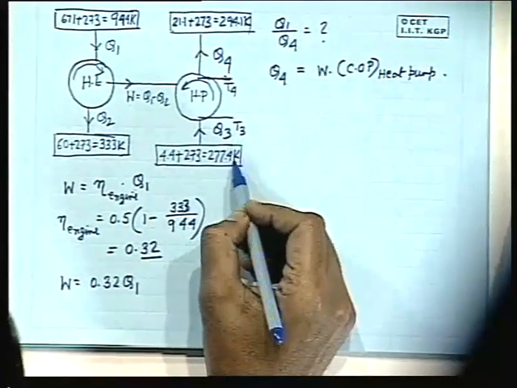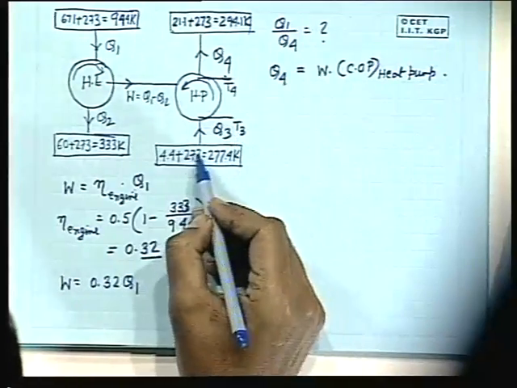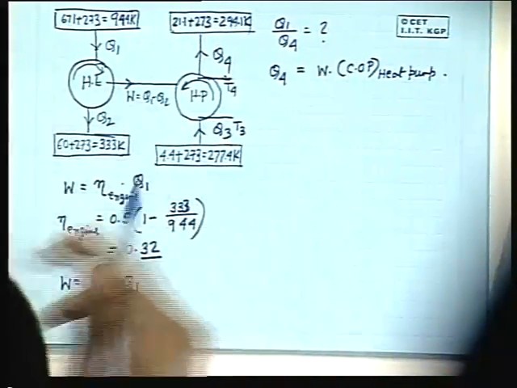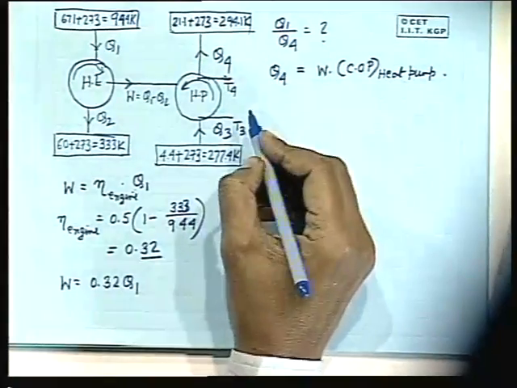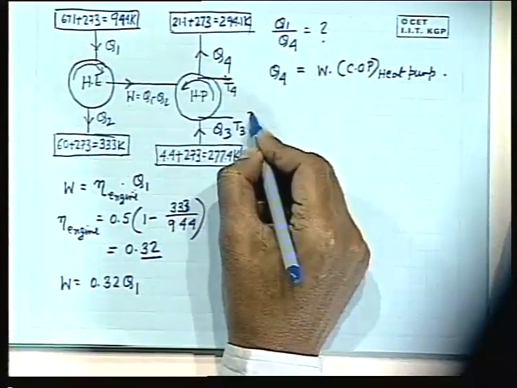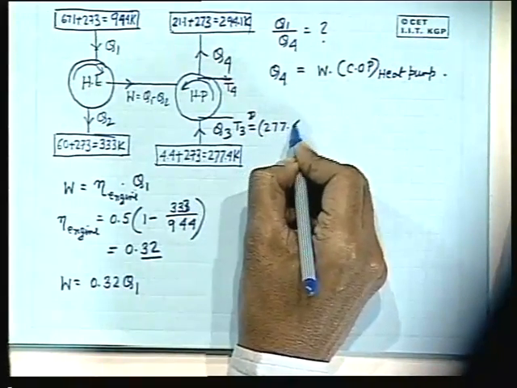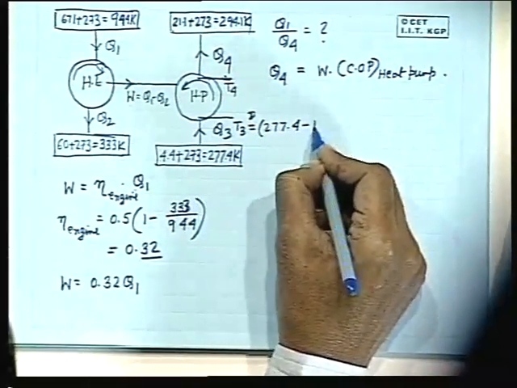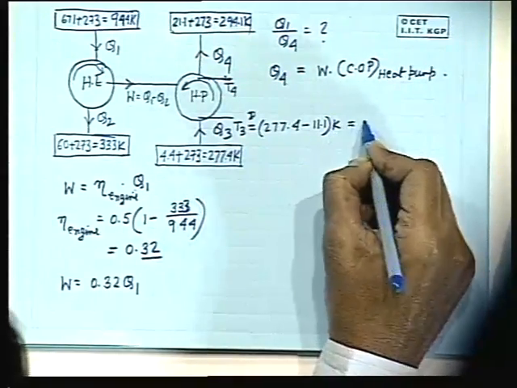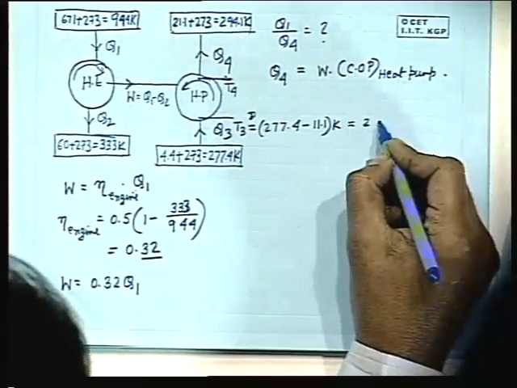There is a temperature difference of 11.1 degrees Celsius, that is defined in the problem. So, heat is coming from here, that means this temperature will be less than this, which means 277.4 minus 11.1, that is T3. What is this value? 266.3. Very good.